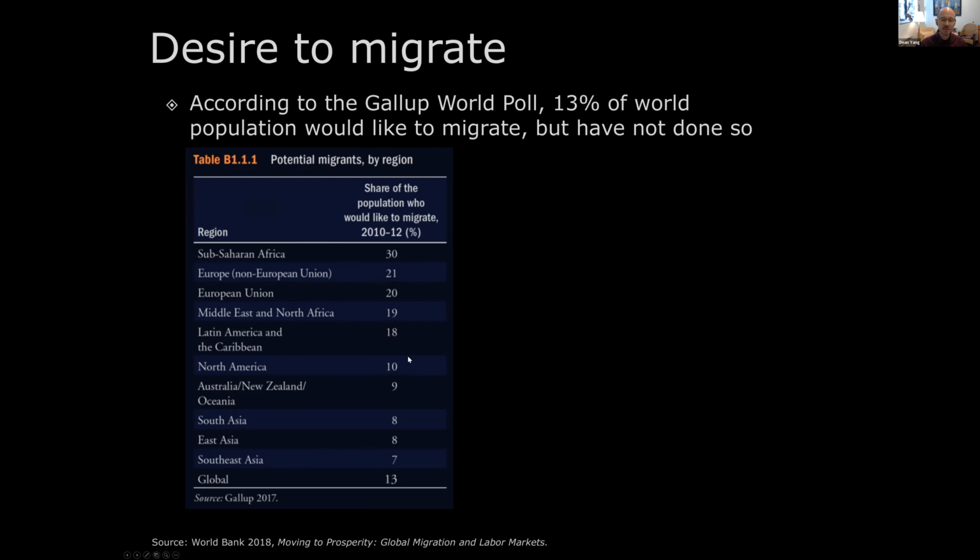In other regions of the world, the shares are lower, but still larger than the ultimate share that have actually migrated. So the share is lowest in East Asia and Southeast Asia and South Asia at about 7 or 8%. But again, these 7 or 8% are still much larger than the shares that have actually migrated. And this sort of averages out globally to about 13% of respondents.